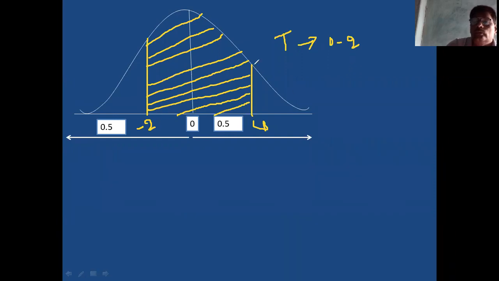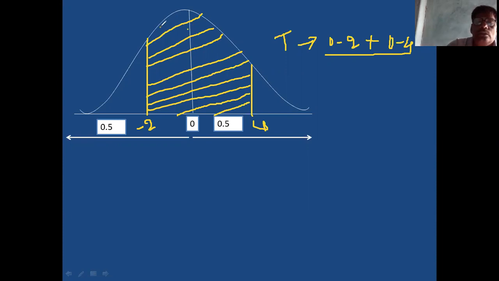Area between 0 to -2, and in this you add 0 to 4. What is the area from 0 to 4? The total area is the answer. Remember this. You go to the table, see the area value for the answer.